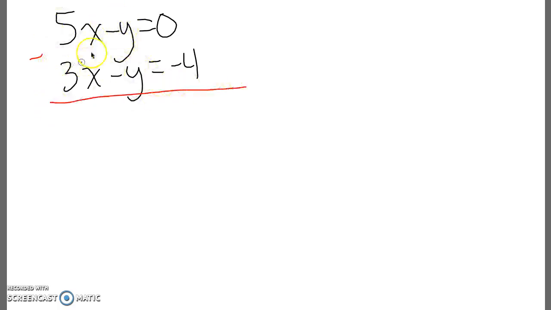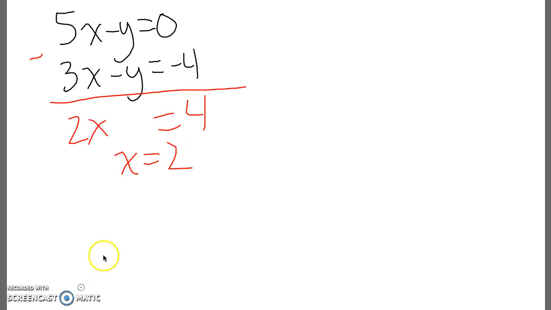Now it looks a little weird with all these negative signs, so let's start with the x's. 5x minus 3x just gives me a 2x. Negative y minus a negative y actually becomes plus. And I'm not going to change this to plus because I don't want to get confused over here. But I know that this is just going to be a 0. 0 minus a negative 4 gives me positive 4. And I can see that x equals 2.